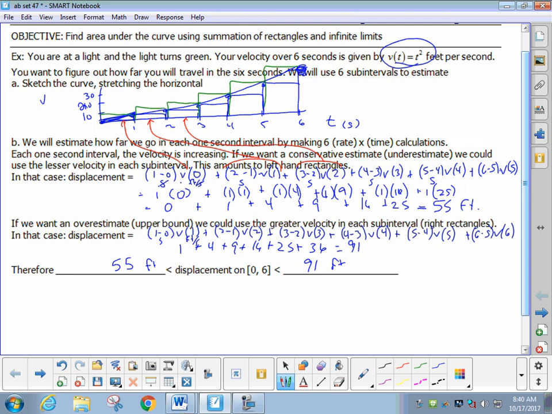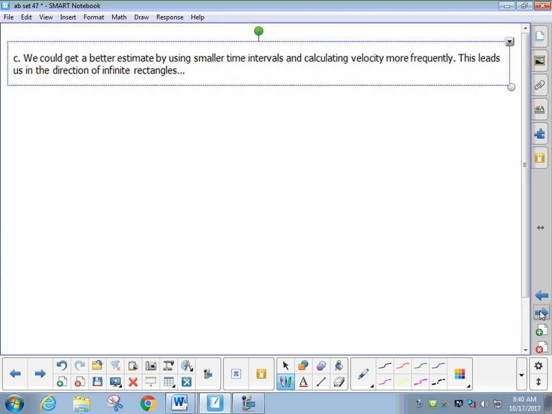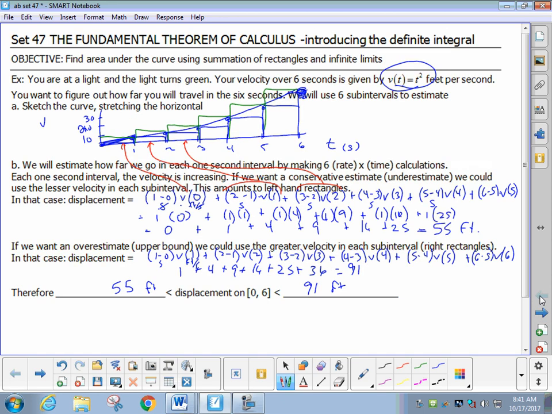All right then. Let's try to get better. Instead of 1 second intervals, I could do half-second intervals or 10-second intervals. Or we could work with infinitely many intervals. Now that, to me, is pretty cool. Imagine taking the intervals down to 0.